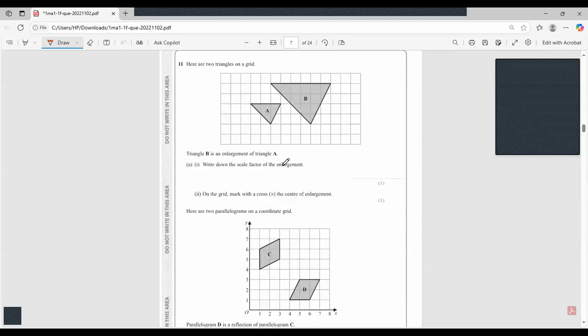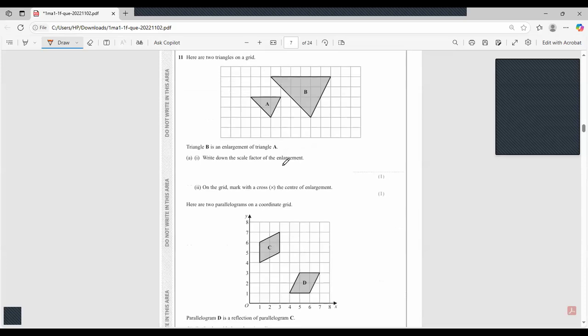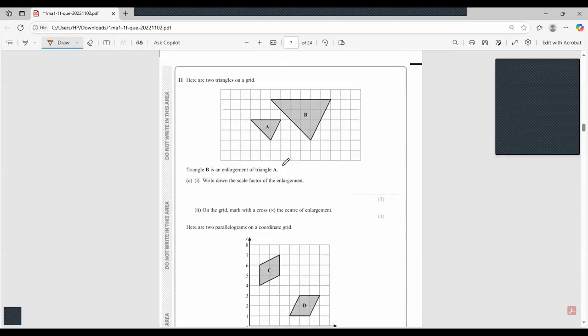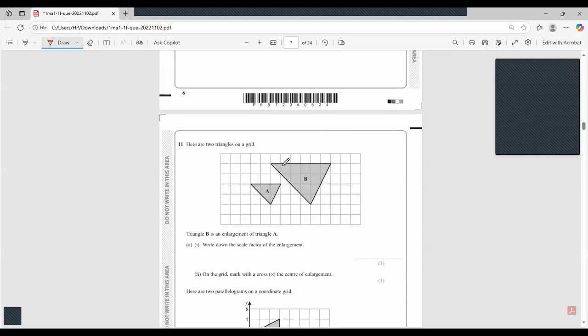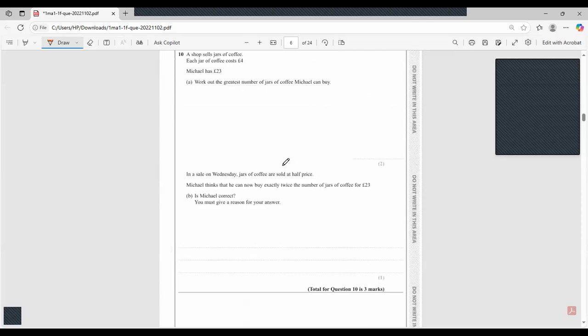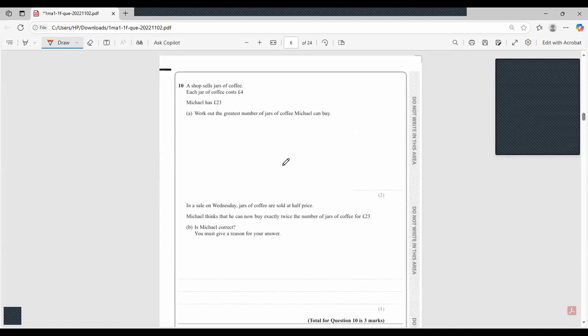These ones look like transforms, right? Reflection and all that.